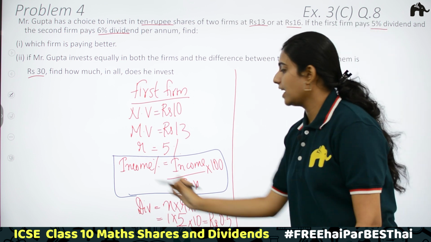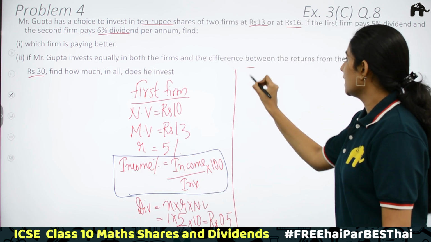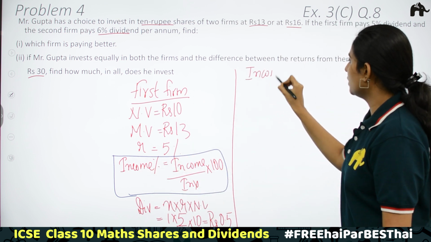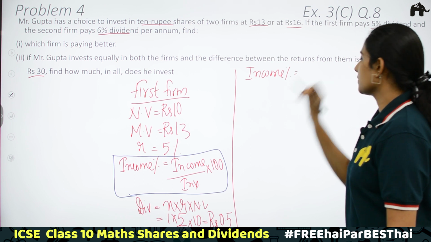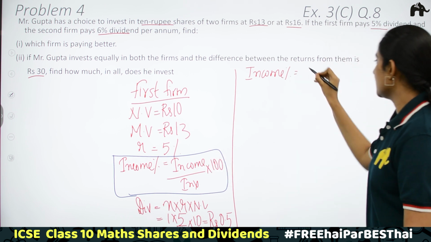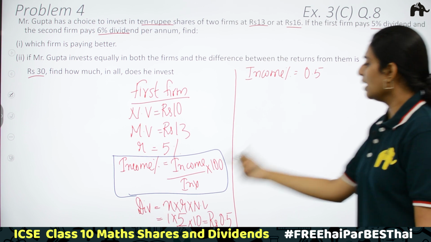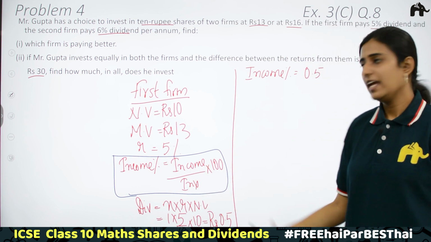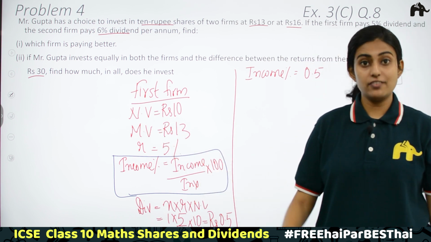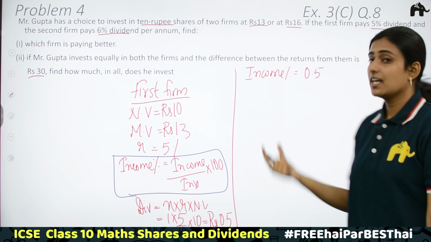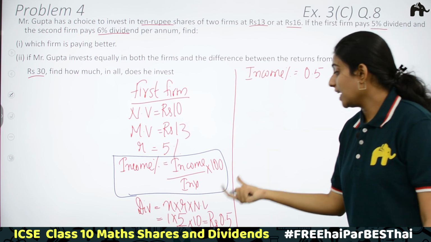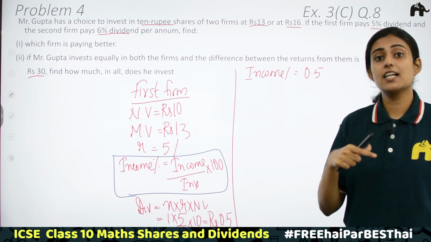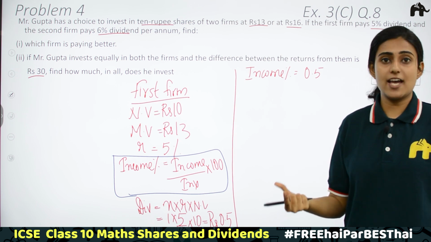Now we can easily find the income percentage. Income percentage is equal to income, that is the dividend. What about investment? Investment is the market value of 1 share. We are taking for 1 share. Yes. Income by investment. Investment is the number of shares into market value of 1 share.